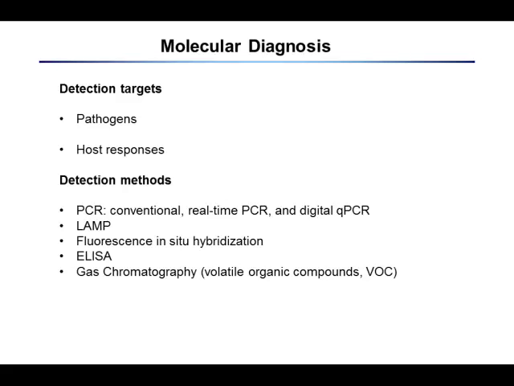ELISA is another method that is protein-based, using the target bacteria or pathogen as an antigen, so the antibody specifically recognizes it. This is very cost-effective, especially good for a large quantity of samples. However, the sensitivity is not as good as DNA-based methods, because DNA can be amplified. That's why DNA-based detection is most popular.